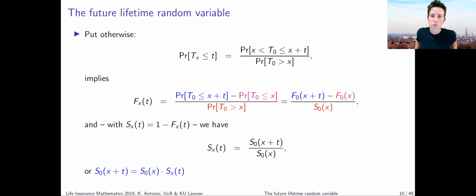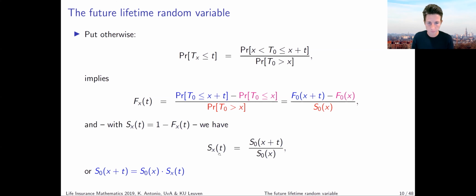If I then go from this CDF to the corresponding survival function, then I would have to take 1 minus the CDF, and I would do the same thing over here. Then you can convince yourself that this reduces to the following expression in terms of the survival function.